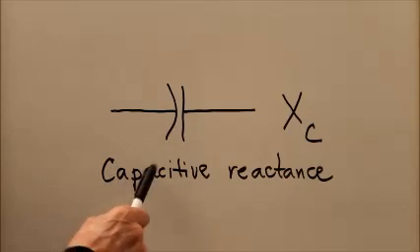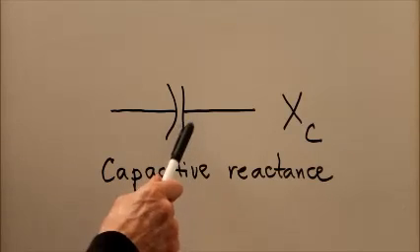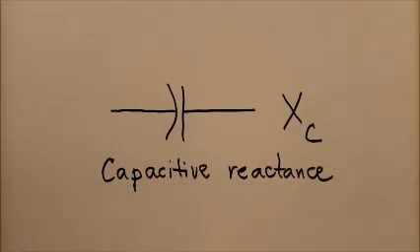Now, a pure capacitive reactance means that you have nothing but capacitance. An ideal capacitor would exhibit capacitive reactance at various alternating current frequencies. The capacitive reactance depends on the frequency.